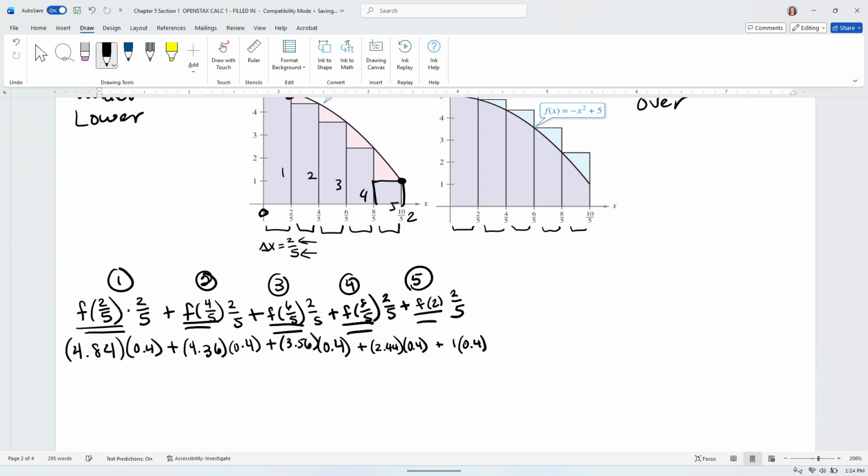And then I am going to find the area of each rectangle for my 5 rectangles.